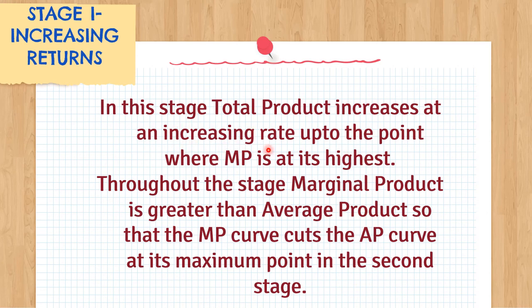In this stage, the total product increases at an increasing rate up to the point where MP, or marginal product, is at its highest. That is what we saw in the diagram, right? Throughout the stage, marginal product is greater than average product, so that the MP curve cuts the AP curve at its maximum point.